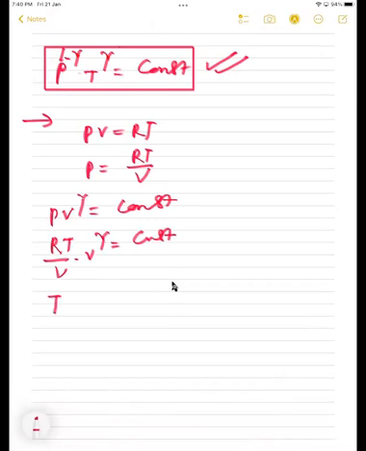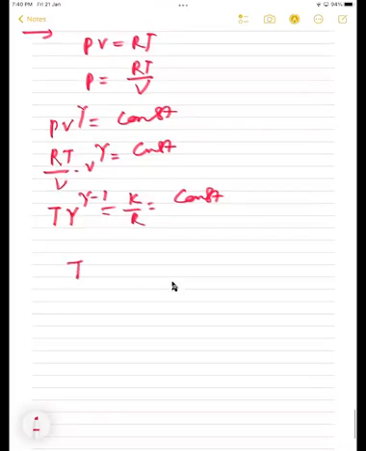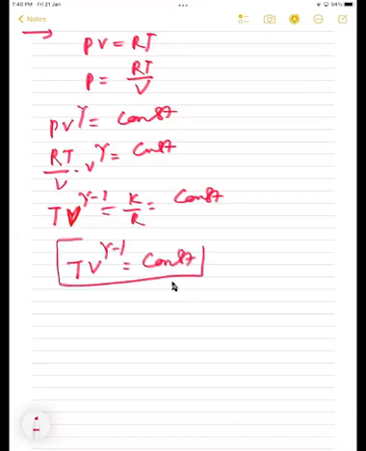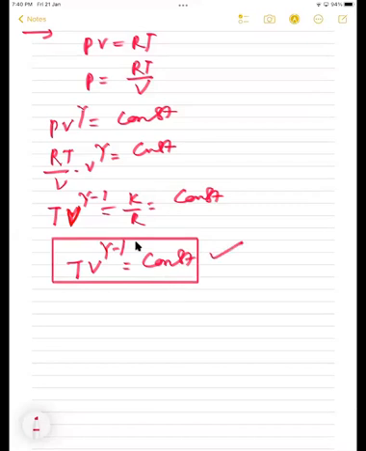So that is T into V to the power gamma minus 1, equal to K by R. That is also constant. So you also got the relation T into V to the power gamma minus 1 is equal to constant. You understood how the three relations between P, V and T came? Understood or not, students? Yes.